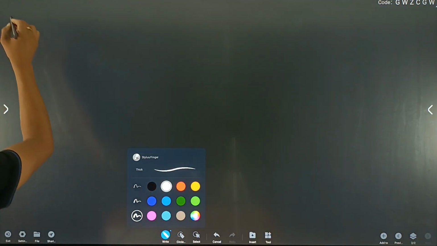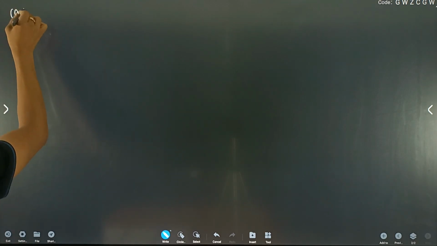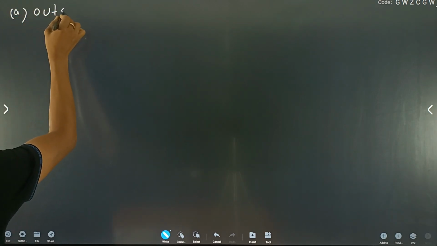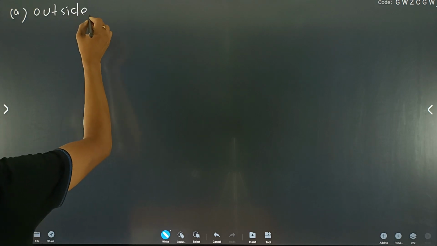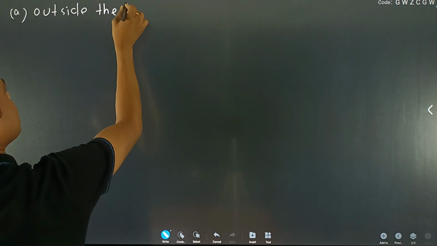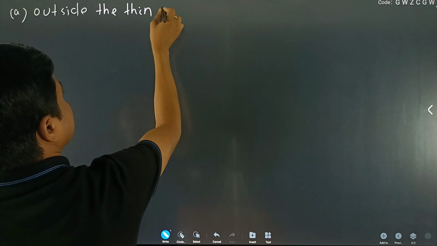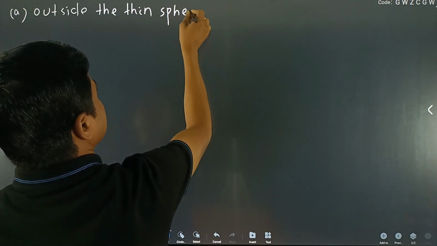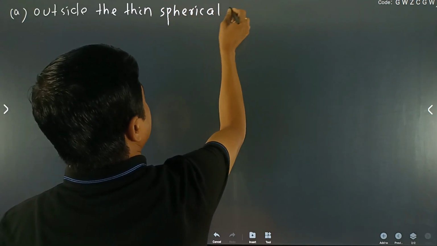And the first one, that is outside the thin spherical cell.